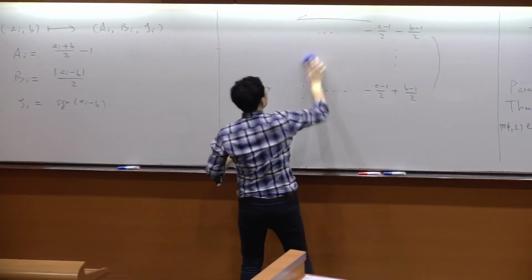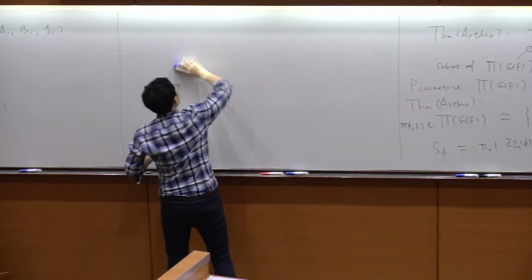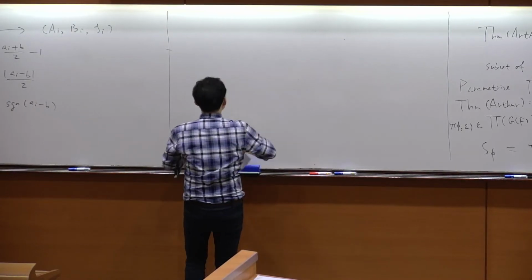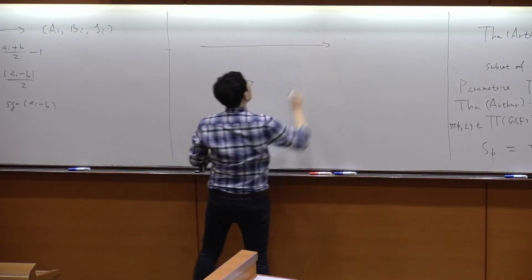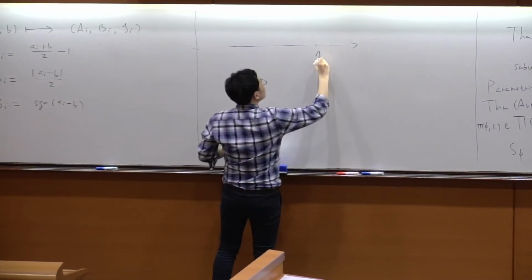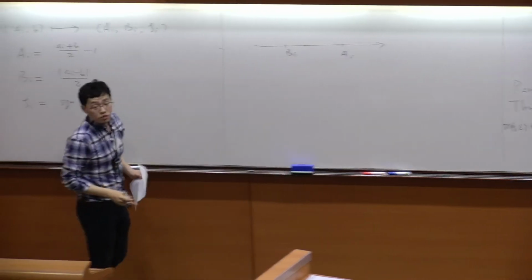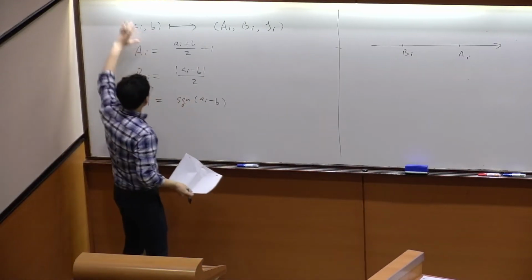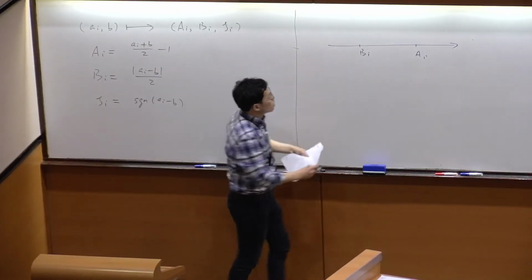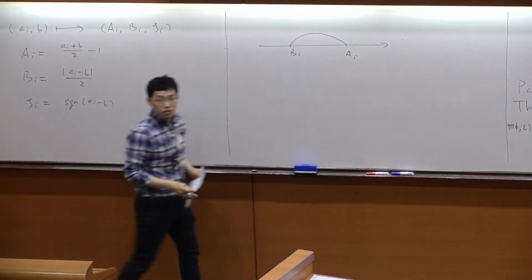And the way you think about this triple is we can just draw them on the real line. So it gives you 2 points, one is AI, the other is BI. So it distinguishes an interval. Each pair corresponds to an interval like this. Now, just to make this more visible, I'm going to draw an arc above that.